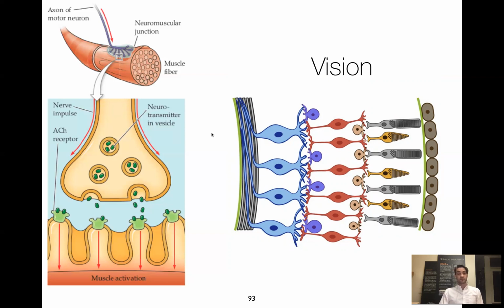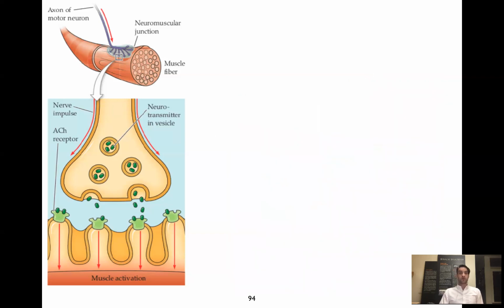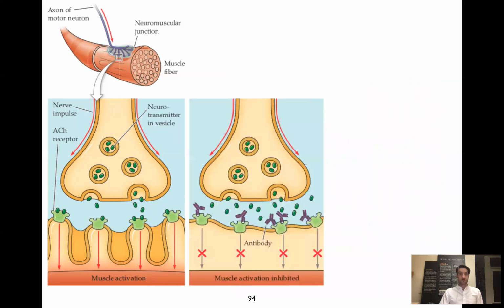Now, sometimes you can have autoimmune disorders that affect this process. For example, certain autoimmune disorders involve antibodies that get into this junction between the neurons and the muscles, and muscle activation is inhibited because the acetylcholine can't properly bind with these little receptor sites. And so there are certain autoimmune disorders where people have problems moving.